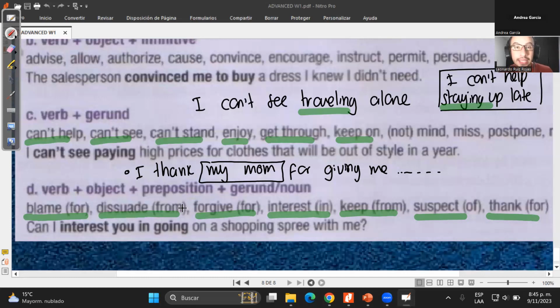But anyway, don't feel frustrated if you forget many of these words. The only way to do that is repeating 20,000 times. So as I told you yesterday, maybe from this week, you are going to remember 6, 10 phrasal verbs, and from this class, 5 or 10 verbs followed by gerunds or infinitive. But it's not a problem.